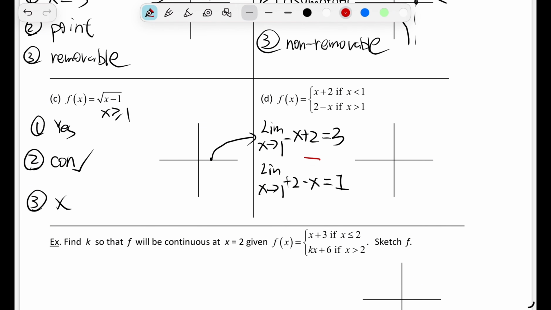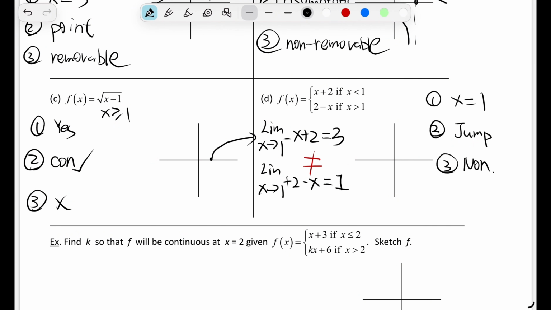Since these two are not equal, it is discontinuous, and it is a jump discontinuity. So first, at x equals 1 there is a discontinuity. Second, it is a jump discontinuity. Third, since this is a jump discontinuity, it is non-removable.